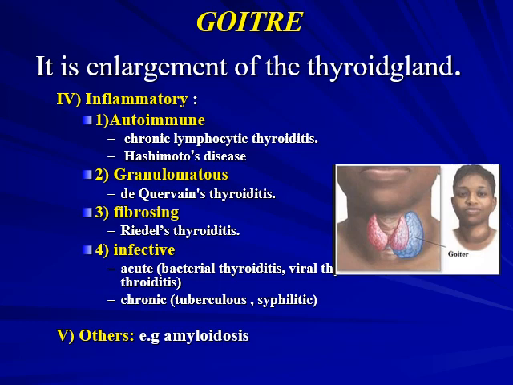The internal laryngeal nerve is a sensory nerve supplying the mucous membrane of the larynx above the level of the vocal cords. Its injury will lead to choking. We have the external laryngeal nerve, which supplies only one intrinsic muscle of the larynx, the cricothyroid muscle. Injury of this nerve leads to loss of high-pitched voice.